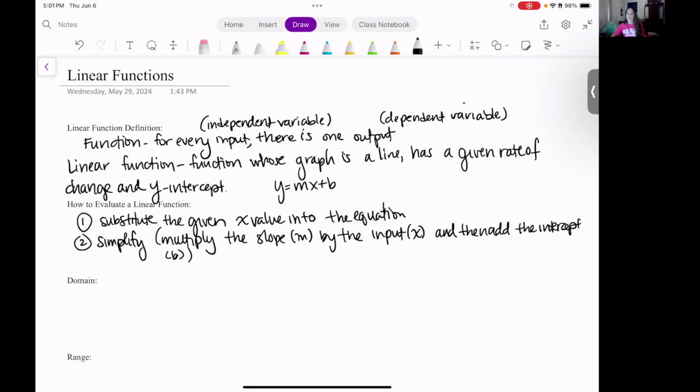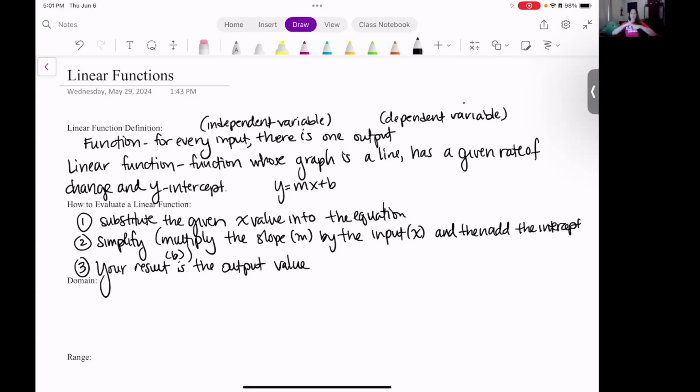And then you are left with the result, whatever the output is. This is true when you are in that y equals mx plus b format. If you are not in that format and you have x and y on the same side, you will need to isolate the y variable in order to evaluate that linear function.